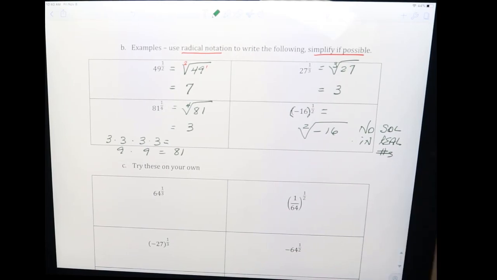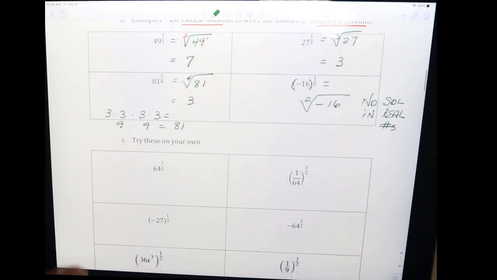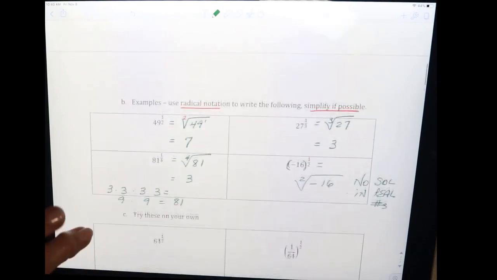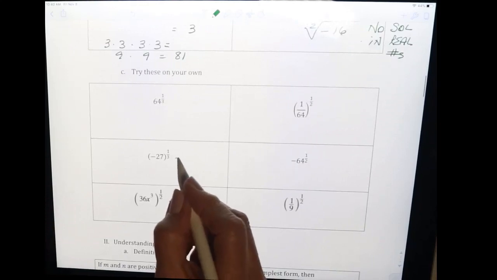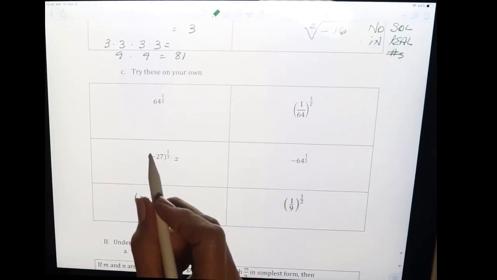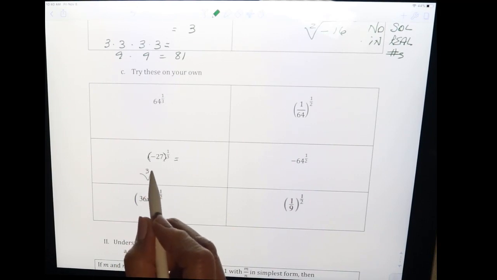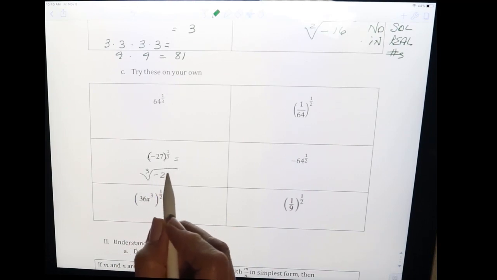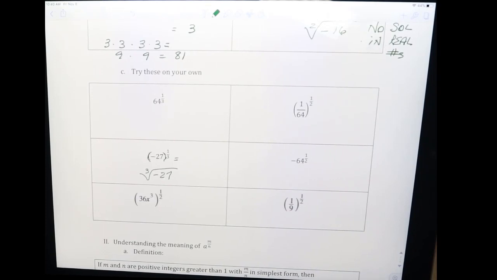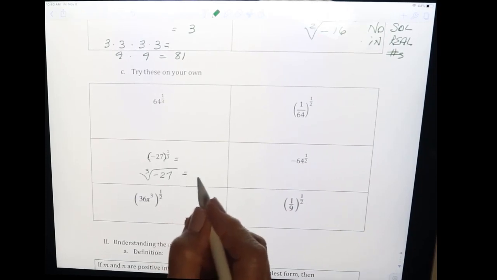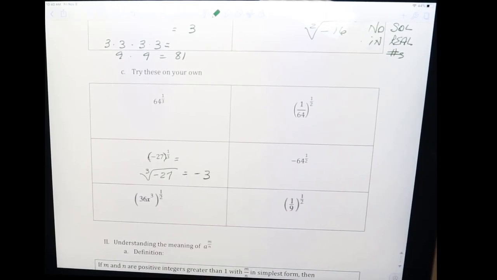We'll define complex numbers later on, and we'll have a solution for that. Let's go down here and do a cube root of a negative value. Notice the parentheses includes the negative, and so that means that the negative goes inside the radical, becomes a part of the radicand, and the cube root of negative 27 is negative 3.